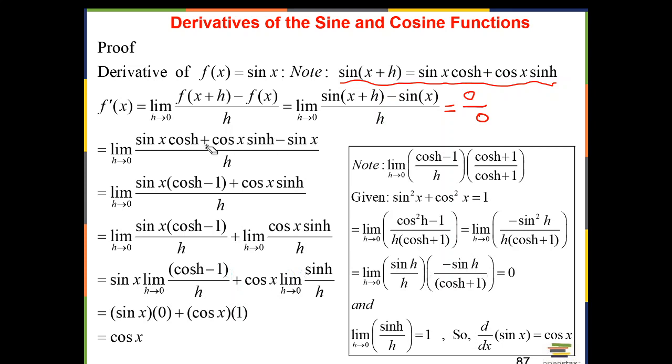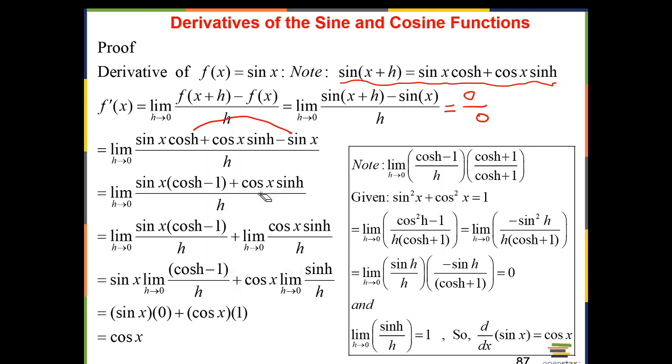Now we can take the sine here. If you leave the cosine alone, cosine times sine, and take these two and factor the sine out of it, we get sine x times cosine h minus 1, and leave this alone.